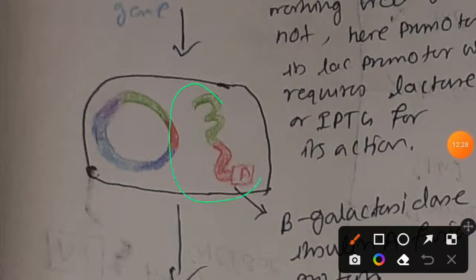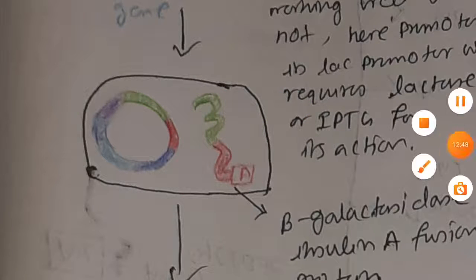Because remember, during protein extraction, we will not only get the fusion protein, along with that we will also get other endogenous E. coli proteins that are produced by the normal genome, which is also present inside the cell. So we have to isolate our gene of interest from that mixture of proteins, right?